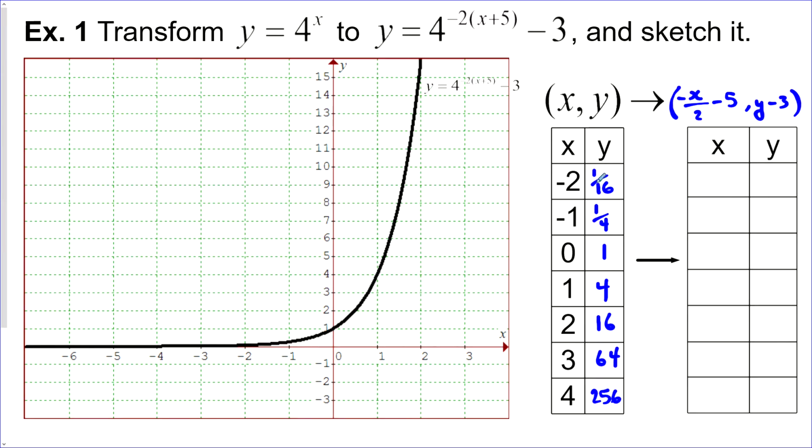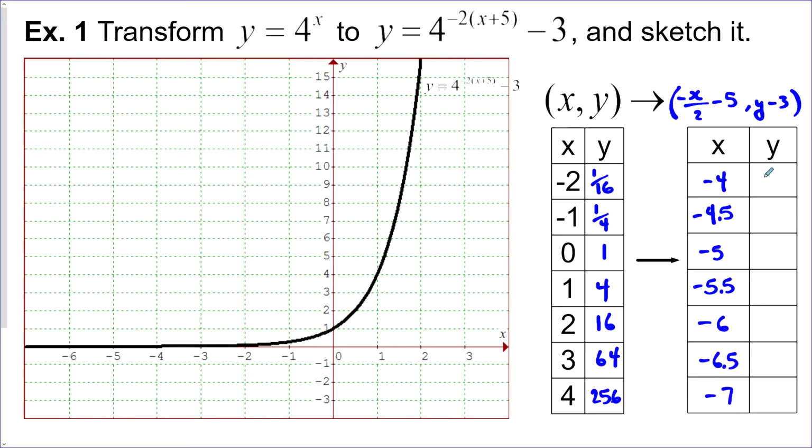All right, so let's take each x value and each y value and find out where they went. So this one becomes negative 4, negative 4.5, negative 5, negative 5.5, negative 6, negative 6.5. You see the pattern.